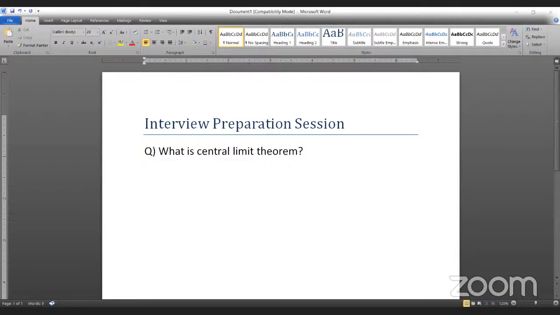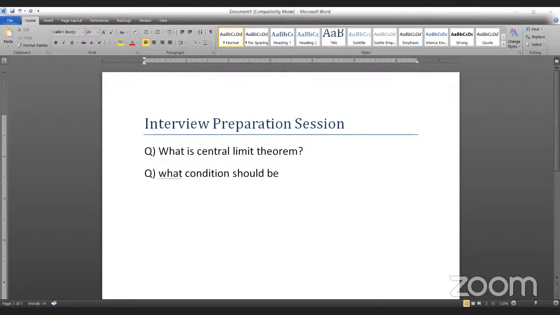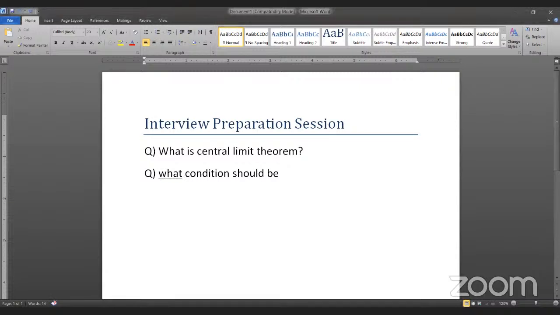Next, coming to the next question. What conditions should be met for central limit theorem to be true, or to hold, you can say?